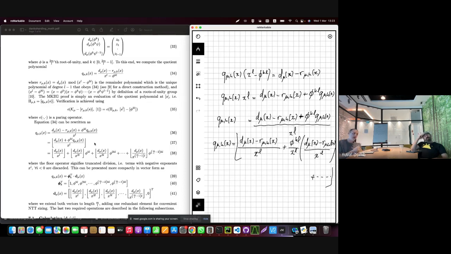And when I go to the floor operation, I see that this would be equivalent to the first term divided by the floor operation, plus then I can take d mu x divided by x 2l, and I can actually take this vkl out, and you can check that this is equivalent.